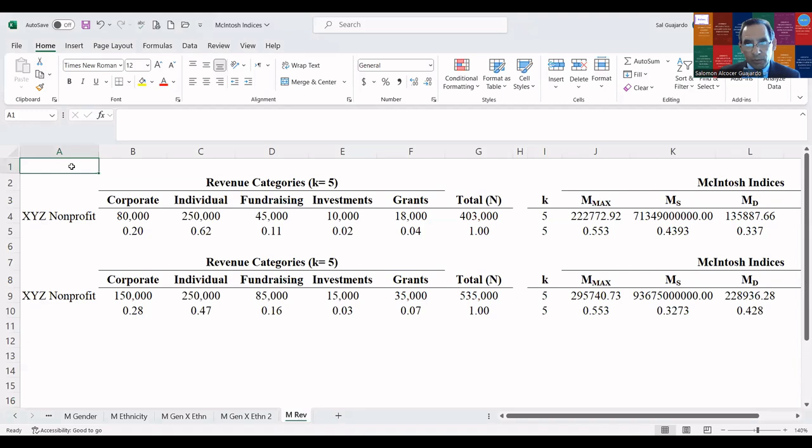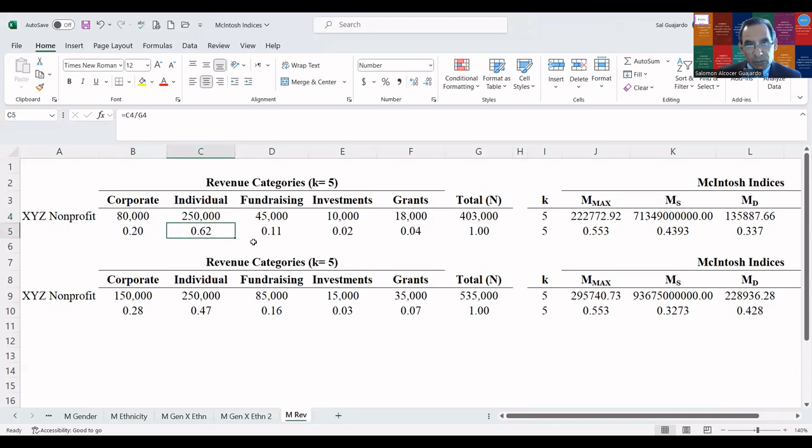So here's the actual revenue data for this nonprofit that was included in episode 1 and episode 2. In terms of the revenue, I have $80,000 in corporate donations. That comprises 20% of the total revenue of $403,000. I have $250,000 in individual contributions.